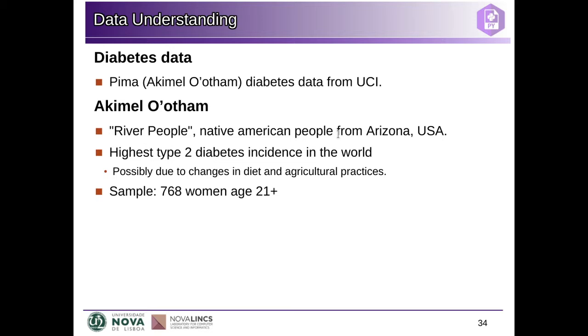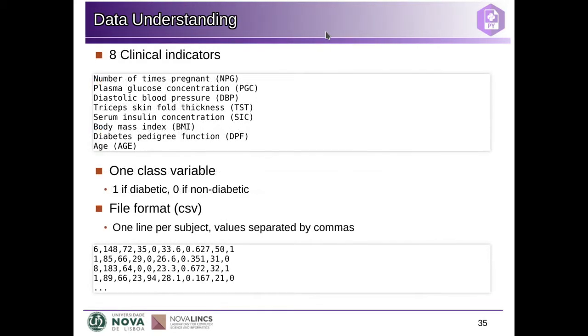This is probably due to recent changes in diet from their original diet with industrialization and so on. So this database is a sample of 768 women aged 21 or more.